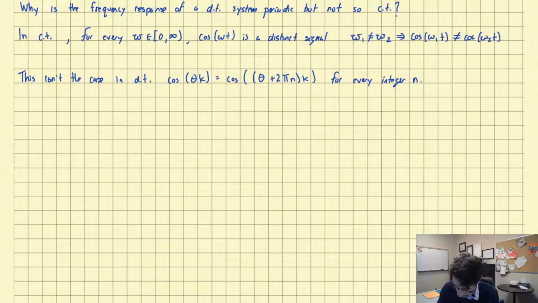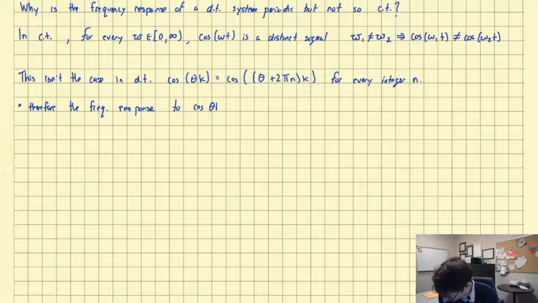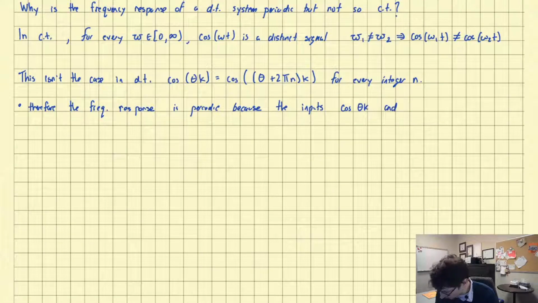And so in particular, we get that the frequency response to cos theta k is periodic because the inputs cos of theta k and cos of (theta plus 2 pi n) k are the same.